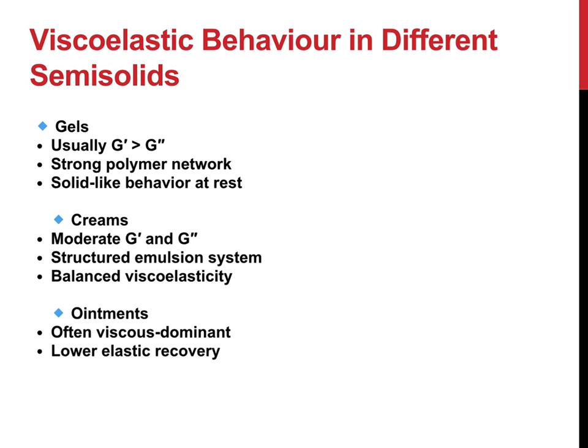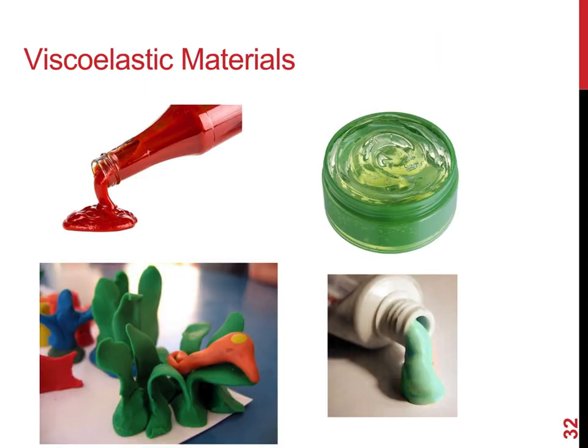Whereas creams have moderate G prime and G double prime because it is a structured emulsion system with balanced viscoelasticity. Ointment is often viscous dominant, so G double prime is higher than G prime and it has lower elastic recovery. These are examples of viscoelastic materials. You can see there's ketchup, hair gels, plasticine, even toothpaste.